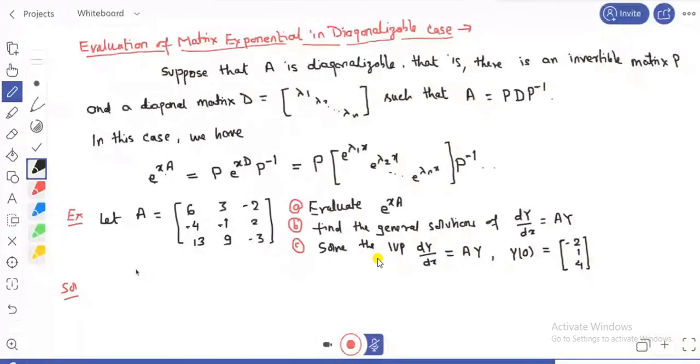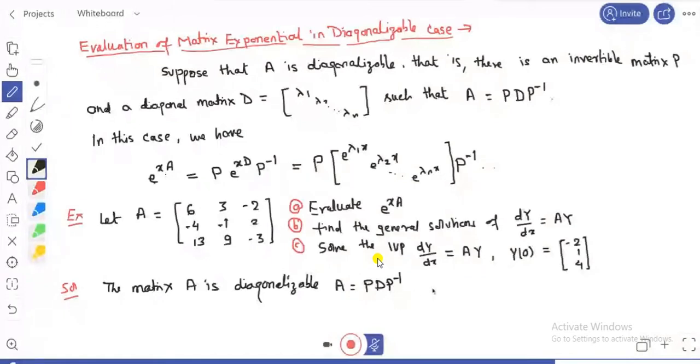So here we write directly the diagonalization form of that. Okay, so the matrix A is diagonalizable, that is A equals P D P inverse.